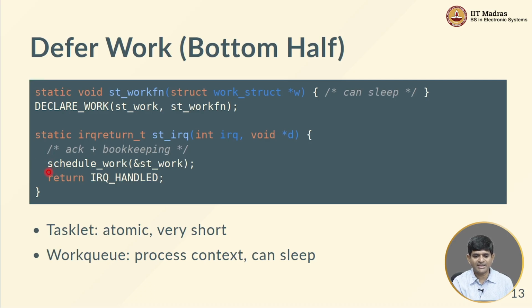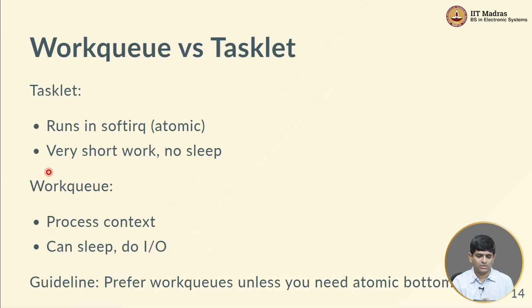It basically says I am going to take this particular function and put it onto a queue which will be woken up by the operating system as and when the OS finds free time and can then go ahead and run.